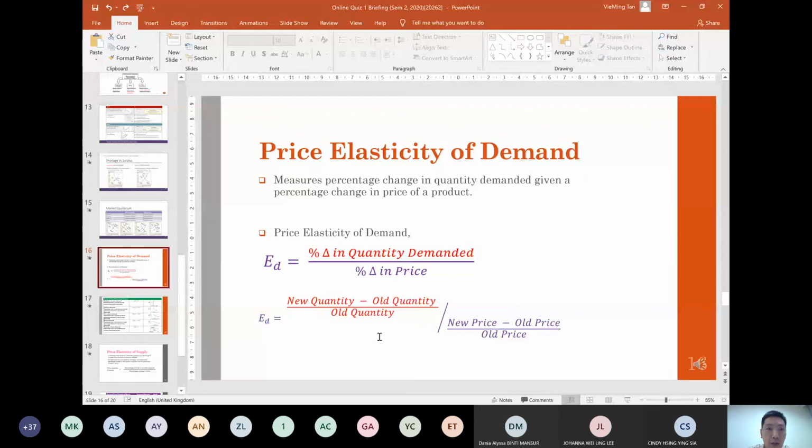This is under chapter number 4, price elasticity of demand. Okay, I share the slide with all of you.